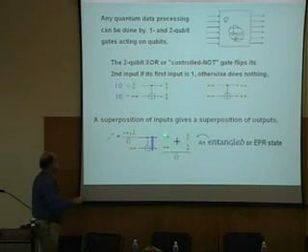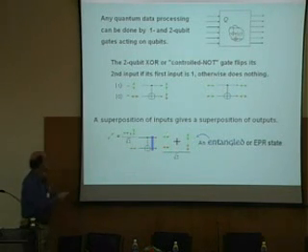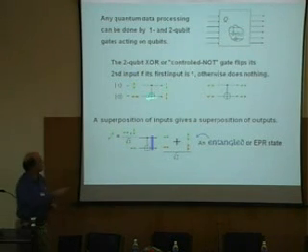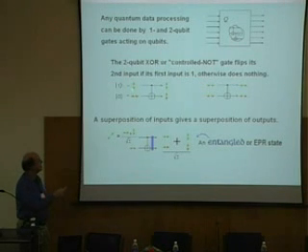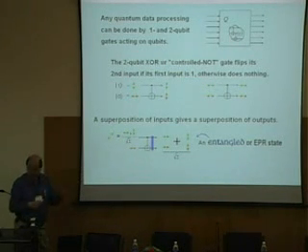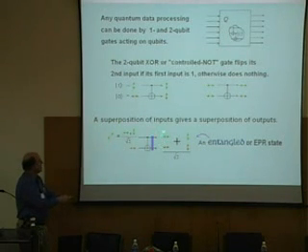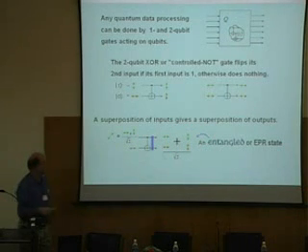Now, this superposition of outputs means that the control qubit here, which doesn't look like it's getting changed in a classical way of looking at this, ends up getting changed. So here it comes in diagonally, and what it comes out with is a superposition. This is why you need to think in four-dimensional space.